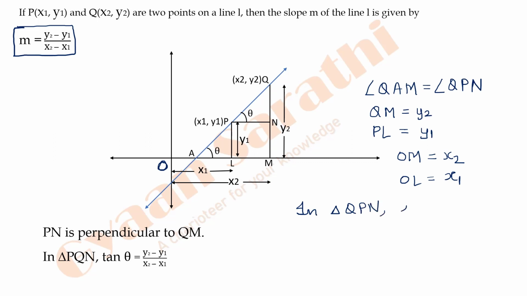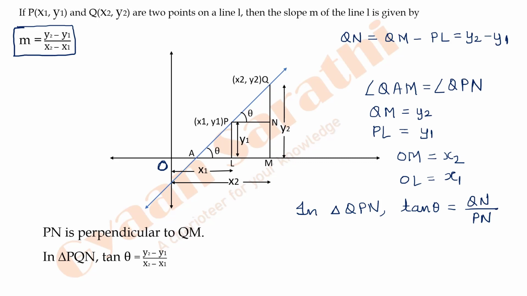when I find tan theta, I get tan theta is equal to perpendicular, that is QN, upon PN. Now let us see from the figure here, QN is equal to what? QN is equal to QM minus PL, I can write it, which is equal to y2 minus y1, right?